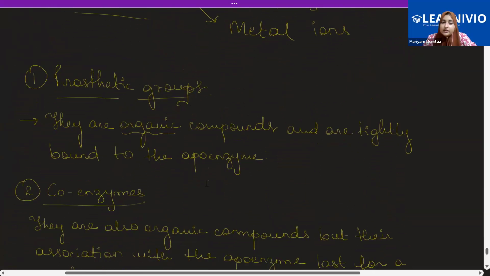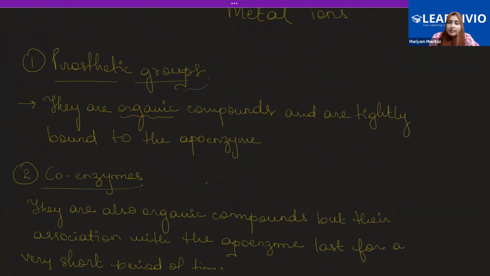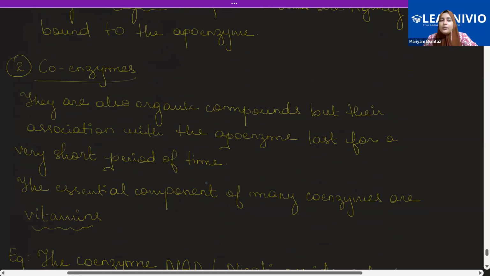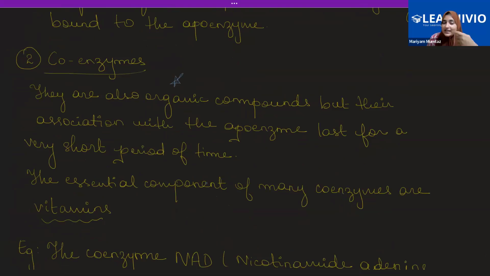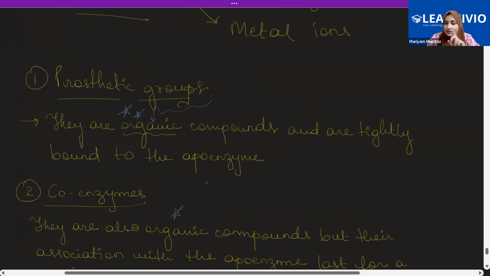Talking about prosthetic groups, these are organic compounds that bind very tightly to the apoenzyme and increase its efficiency. It is organic, this is important to remember. Second, we have coenzyme. These are also organic, but their association with the enzyme is for a short period, whereas prosthetic groups have a tight association for a long period.